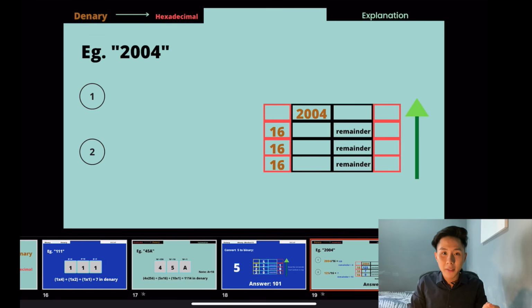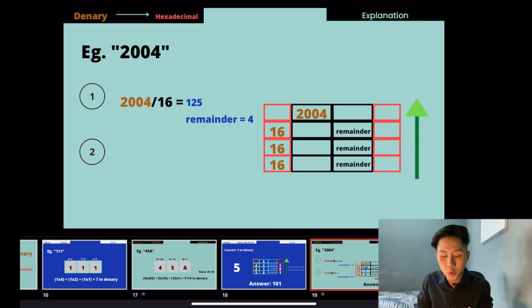How do we convert the value 2004 into hexadecimal? Instead of dividing the value by 2, which occurs in binary, we will divide it by 16. And if we do this, 2004 divided by 16 gives a quotient of 125 and 4 as our remainder.